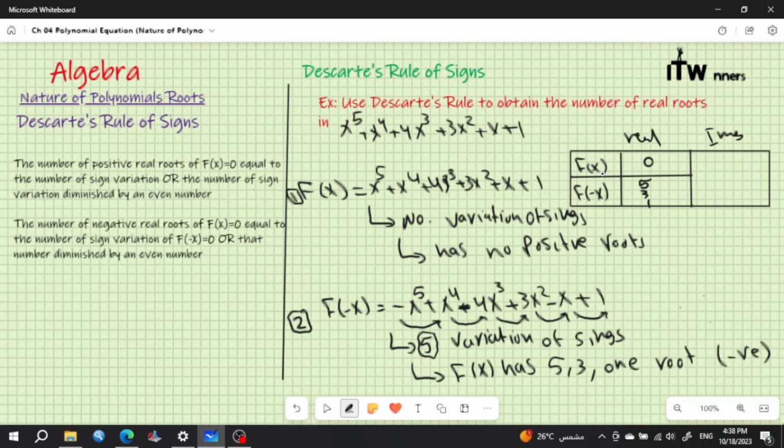Okay, so we can obtain the imaginary roots: 0 if the negative roots is 5, 2 if the negative roots is 3, and 4 if the negative root is 1.